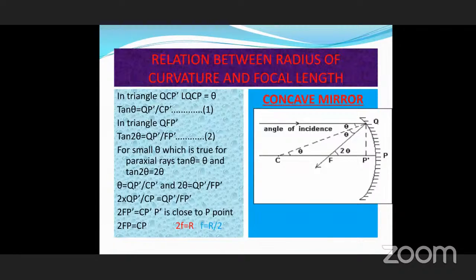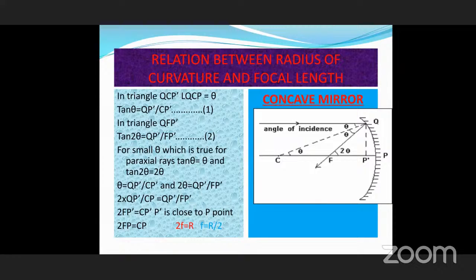Only a single ray is taken to understand the relation in this derivation. The parallel incident ray is shown. This parallel ray falls at Q, strikes the point Q and passes through F. Whenever a parallel ray is incident, it has to pass through the focus of the mirror, as we have discussed earlier.